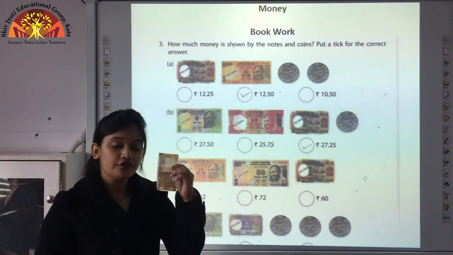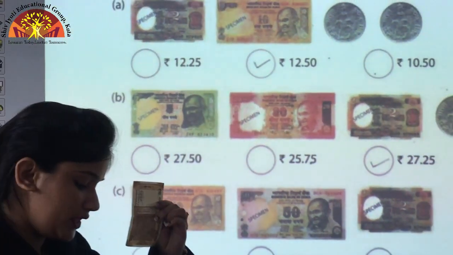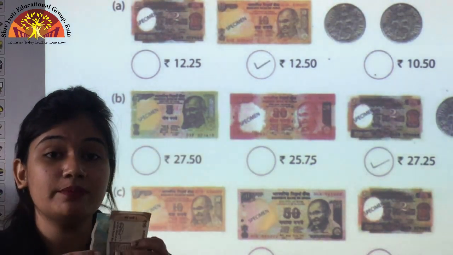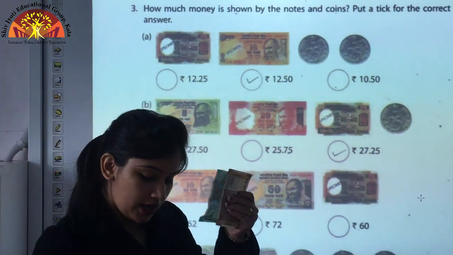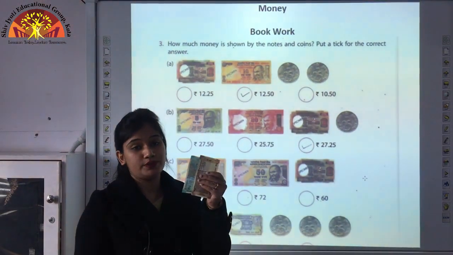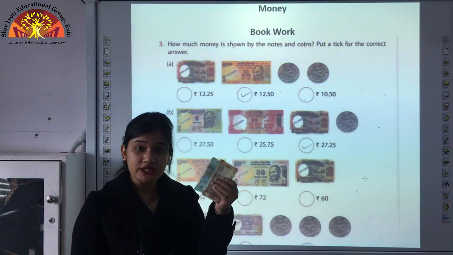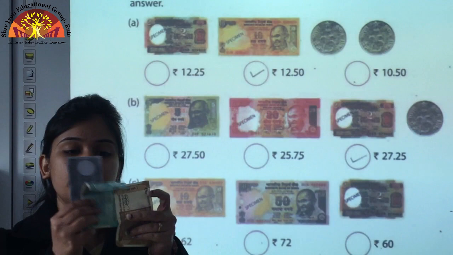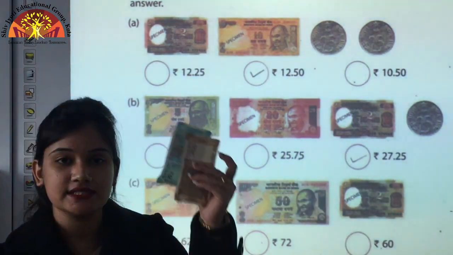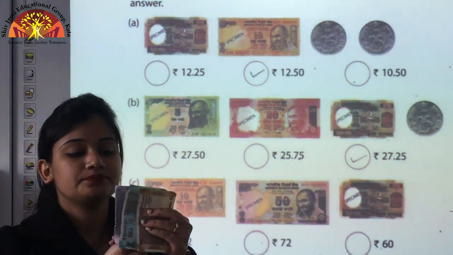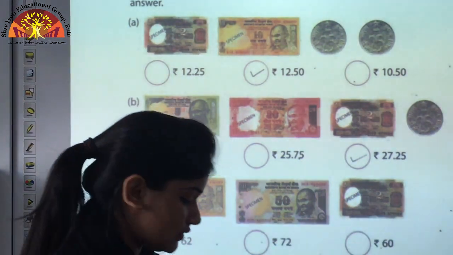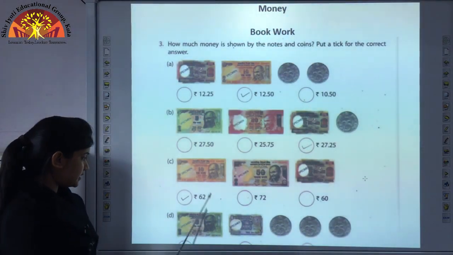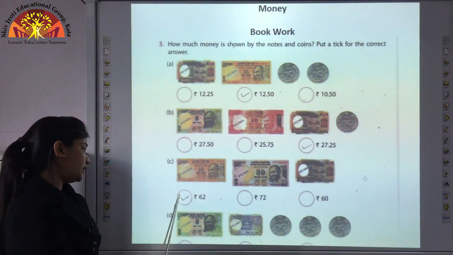If we add 50 rupees to this 10 rupee note, it will be 60 rupees. And now lastly we have 2 rupees also, and if we add rupees 2 to 60 rupees, that will be 62. 10 plus 50 is 60, and 60 plus 2 is 62. So now which is the correct option? The correct option is 62, and we can see 62 here. So we have to tick the mark.